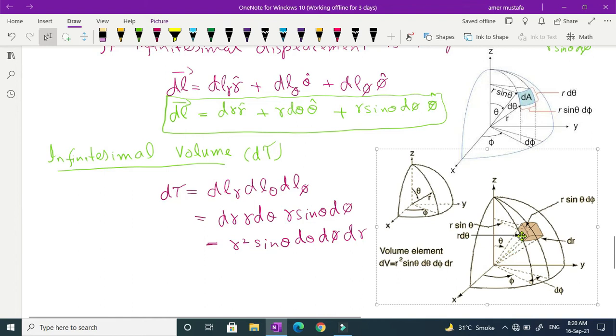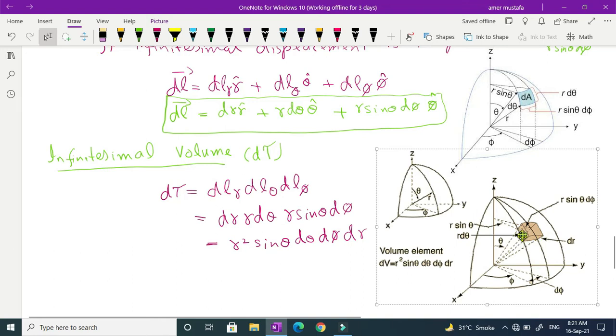This is the radial direction, and in this radial direction, if you increase the r in the direction of r, which is represented by dr, it makes one side of the cube.